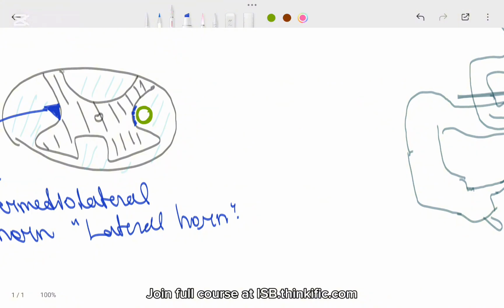We know that the sensory input from the body is coming in through the dorsal roots, which connect here, whereas the motor fibers emerge from the anterior horn.